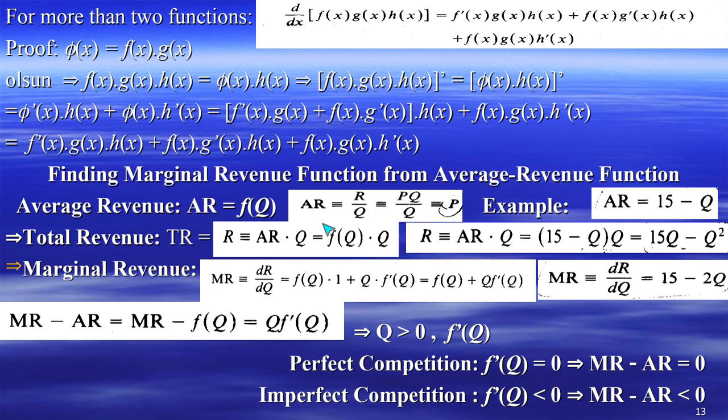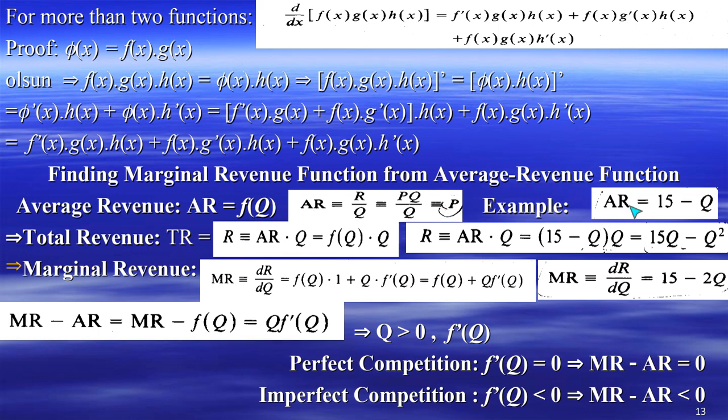So average revenue is total revenue divided by the quantity produced or sold. And total revenue is the quantity produced and sold multiplied by the price, P times Q, and divided by Q. Q simplifies, you are left with P.